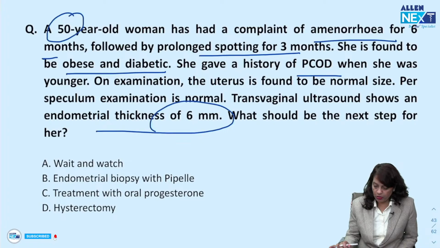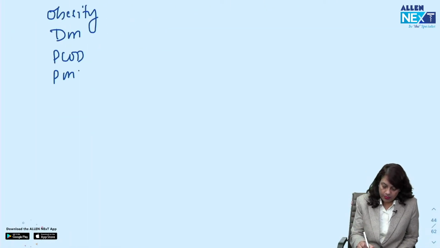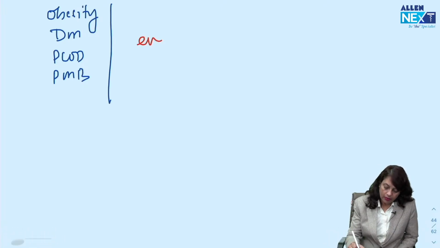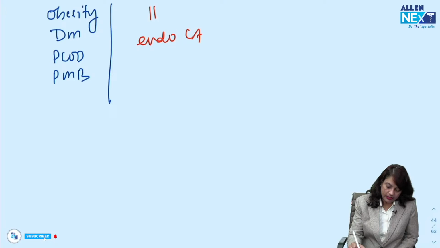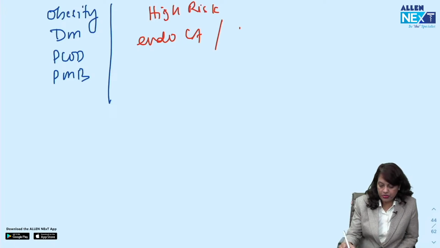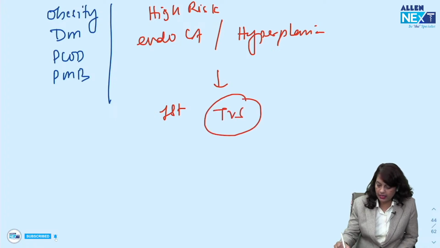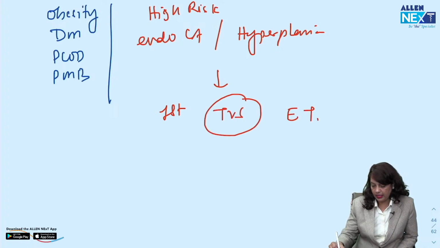She has postmenopausal bleeding. This is all high risk for endometrial CA or endometrial hyperplasia. So the first investigation done is transvaginal scan for endometrial thickness. Here it is given 6 mm.